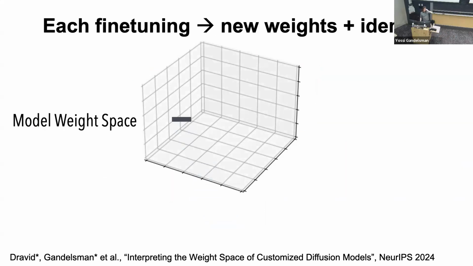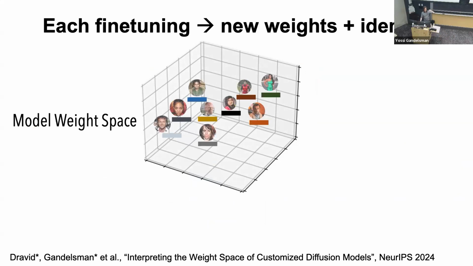You can start with the pre-trained model, and fine-tune it once on one identity, and another time on another identity, and another time on the third identity. Every time returning back to the original set of weights. And every fine-tuning will give you a new set of weights that will correspond to this new identity, right? And of course, a new model that can generate this new identity.